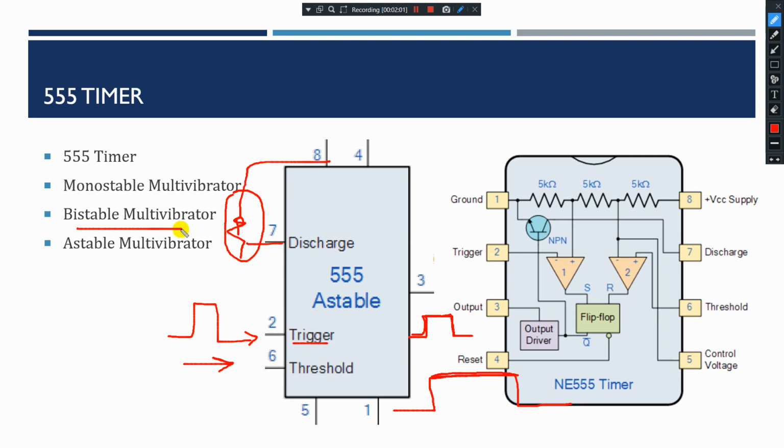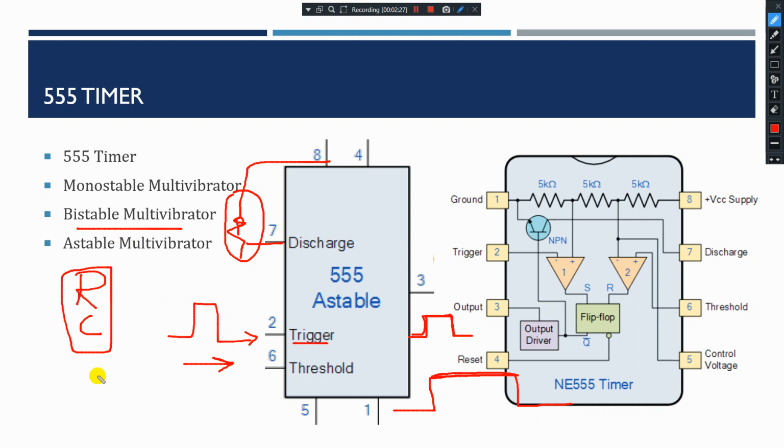Now coming to bistable. Bi means it's a 2 stage. We are not giving any triggering pulse to this. We are using an R and C circuit, called a tank circuit. With a combination of this resistor and capacitor, we can generate some pulse.